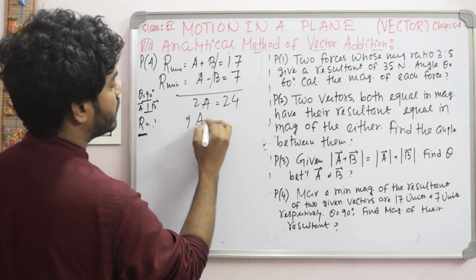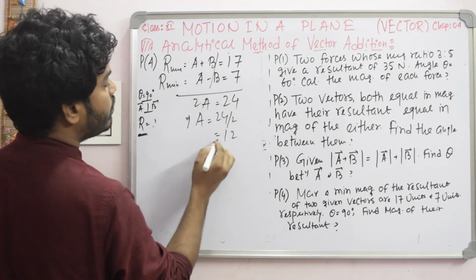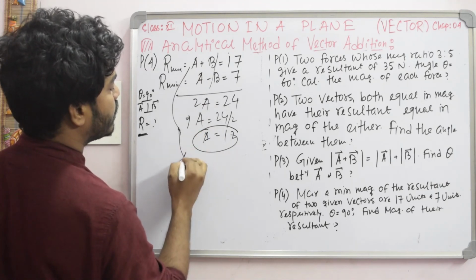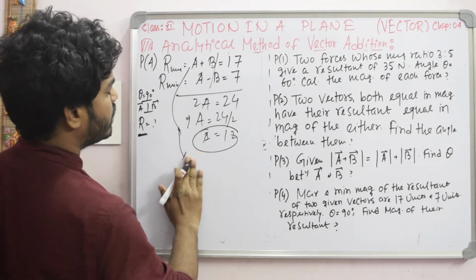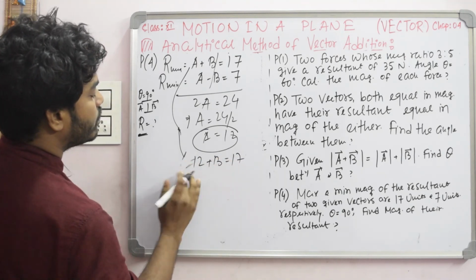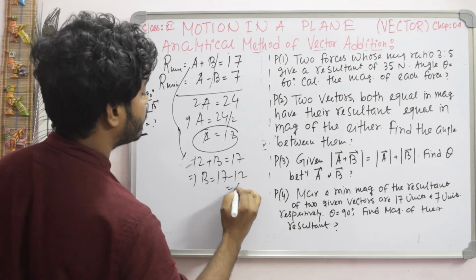So from here, 24 divided by 2 gives 12. Now you put this value of A in this equation, so this equation gives 12 plus B equal to 17. So from this, B is equal to 17 minus 12, that is 5.